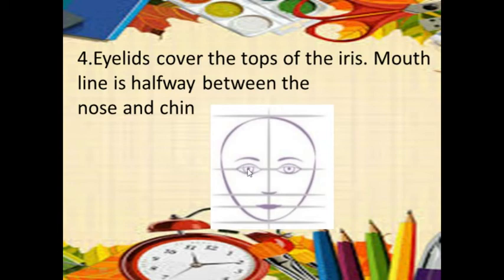So here is the eyelid, and we also draw the eyebrow here at the top of the eye, and then the mouth is in between the nose and the chin. So again, we draw a horizontal line. At the center, we draw a mouth.